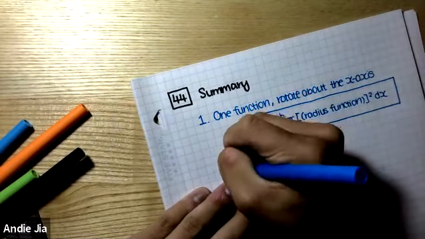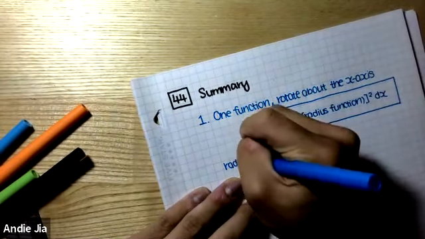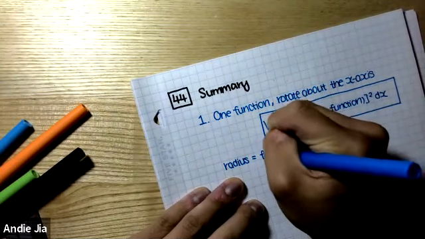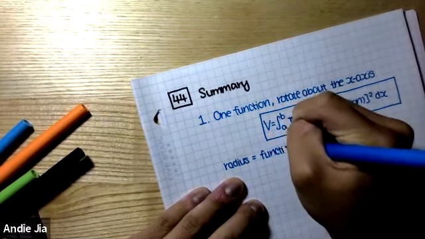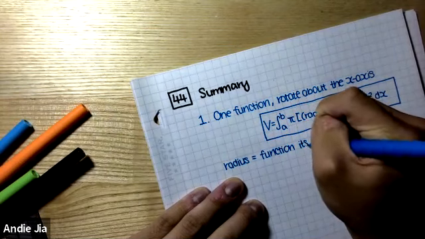Now the radius is equal to the function itself.